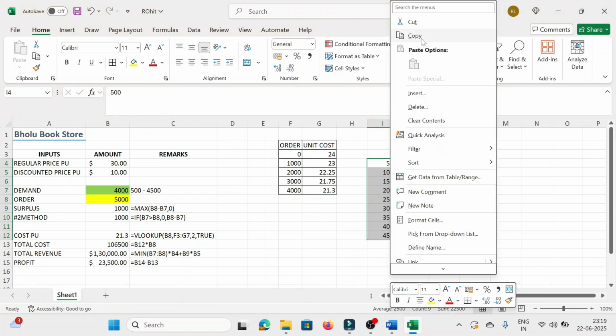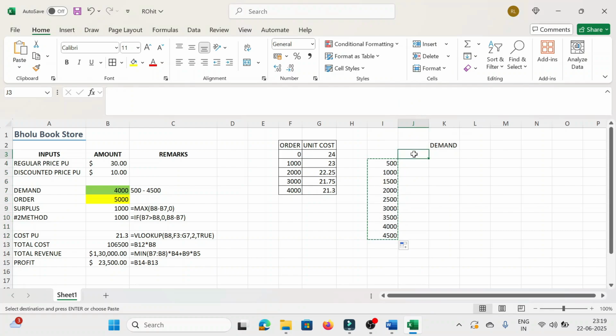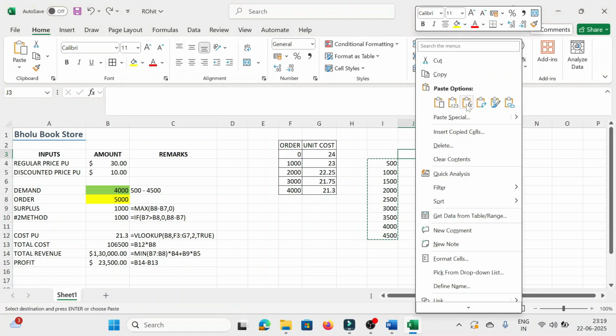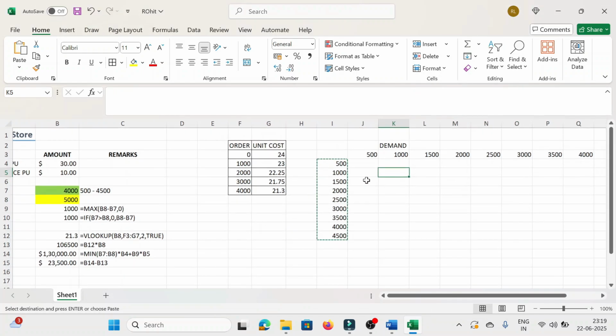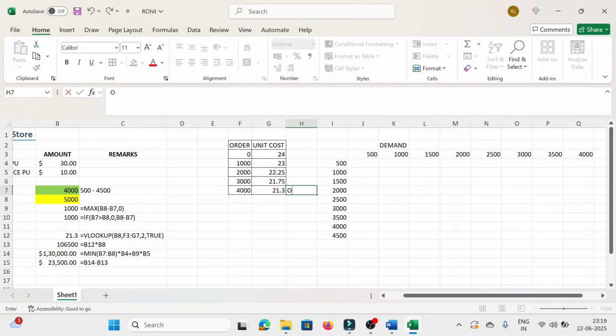Same, I will copy here and I will paste this same cell here. Control Z. I will paste it in a transpose manner to make my table. So this is my order and this is my demand.